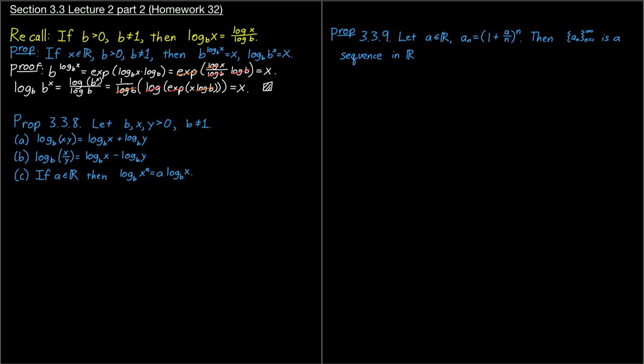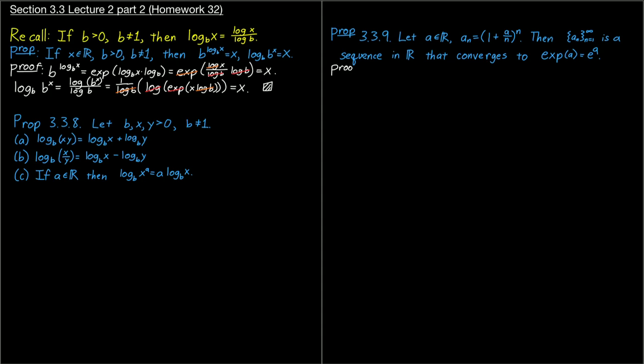So the interesting thing is that it is a convergent sequence, and I can tell you what it converges to: the number exp of A, also known as e to the A. Convergence in the sense of definition 1.3.1 or proposition 1.3.3a.